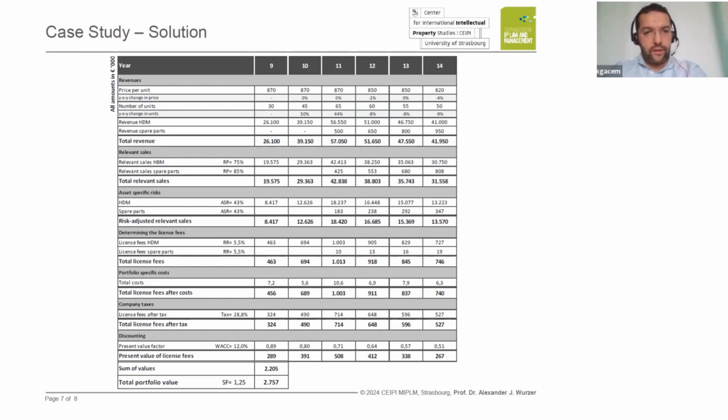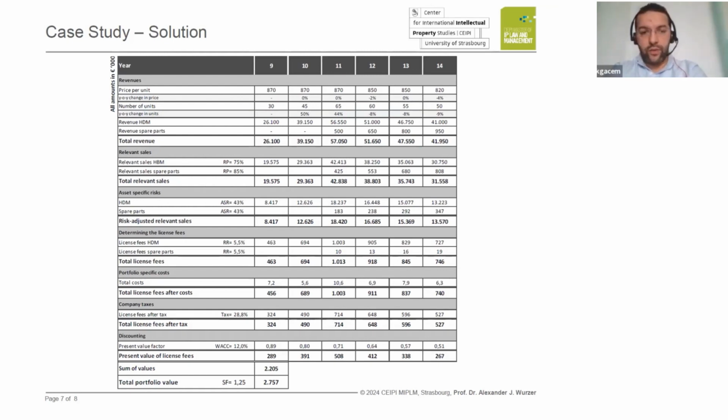Once we have this, we deduct the costs that are given for the case, ranging from 7.2 for the 1st year to 6.3 for the 6th year. So we get the total license fees after costs, and then we take into account the tax rate of the company that is given in the case to be 28.8% to get the total license fees after tax.